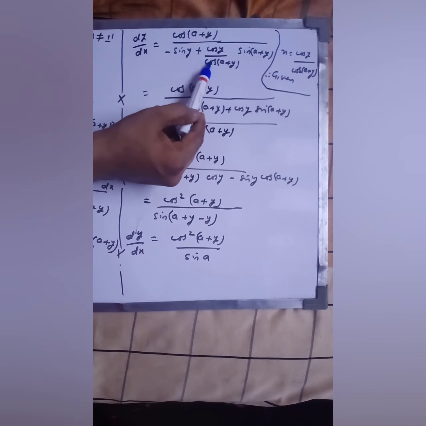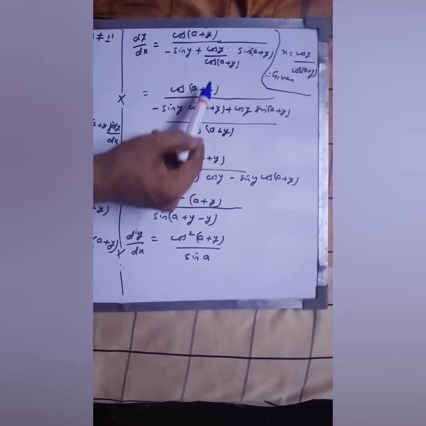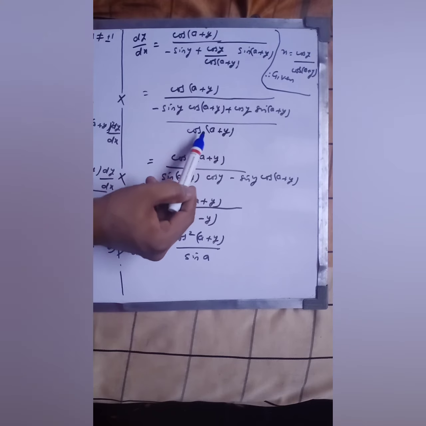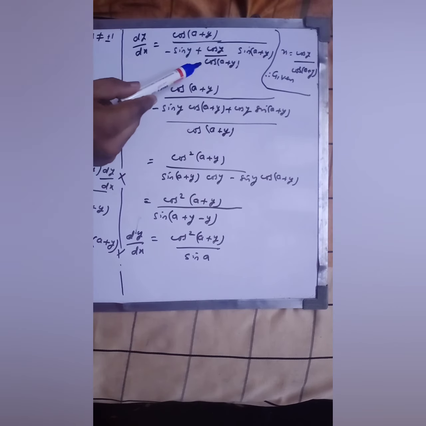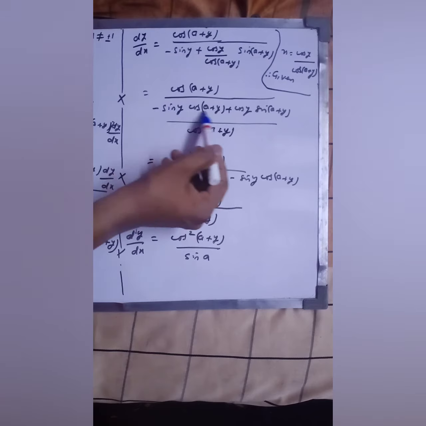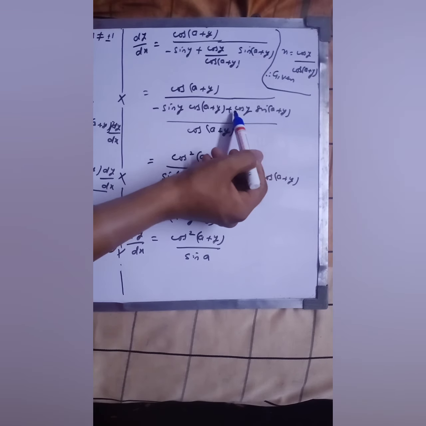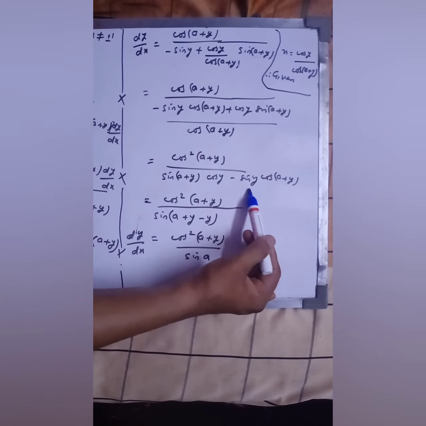Now you have to take the LCM. This will be minus sin y cos(a plus y) plus cos y sin(a plus y), and this will come in the denominator. In the next step this will be multiplied with the numerator, it will give you cos square(a plus y), and I'm writing this first, sin(a plus y) into cos y minus sin y cos(a plus y).